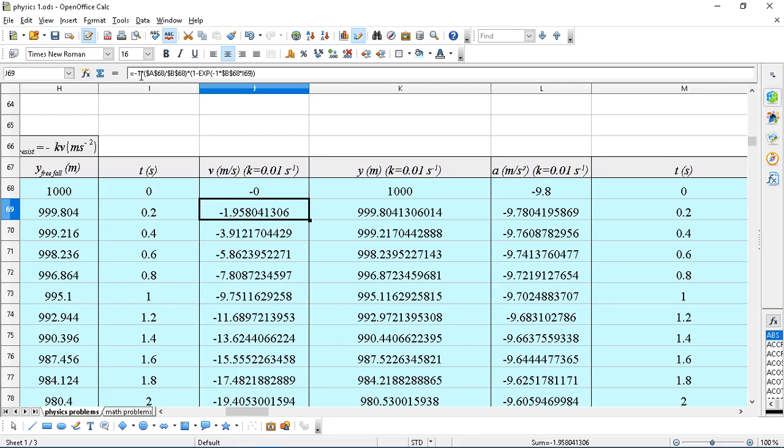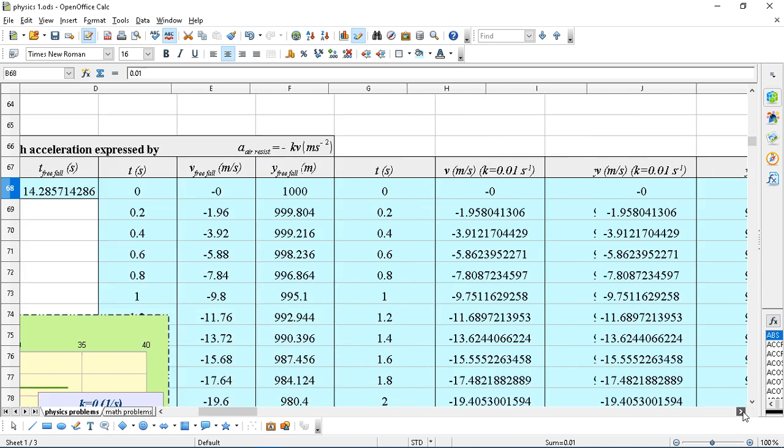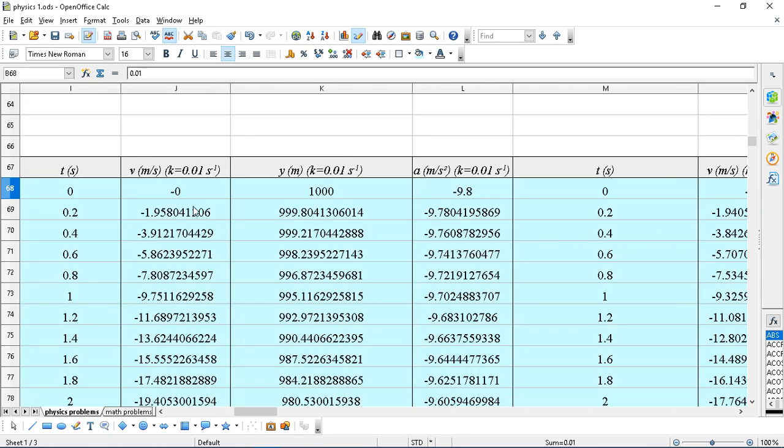So this is 1 minus, A68 is g, and B68 is k, with k equaling 0.011 over second. One minus exponential of minus kt. Remember the t here is I69, which is this cell here.